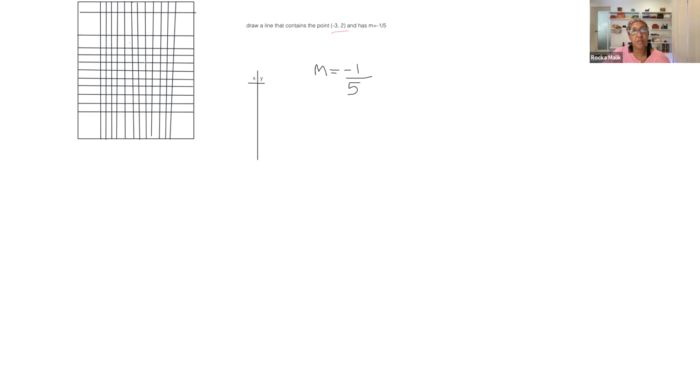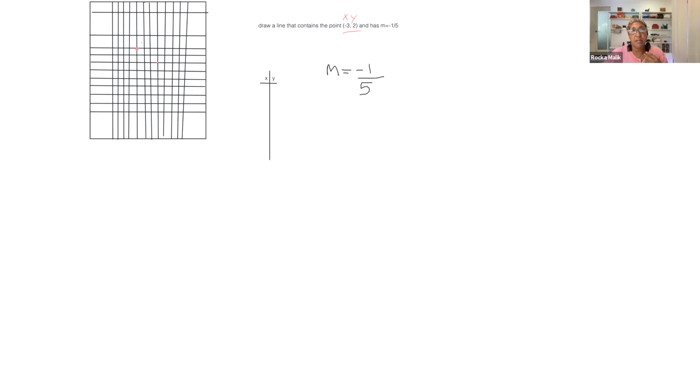I'm gonna go -3, which is my X value. The first one is X and the second number is Y. So from here, I'm gonna go to the left 3, 1, 2, 3. And then my second number is 2. I'm gonna go up 2, and that's gonna be my dot.